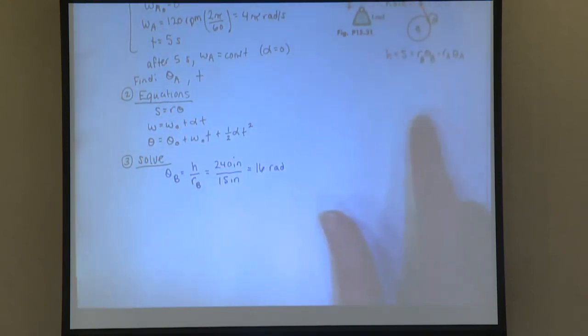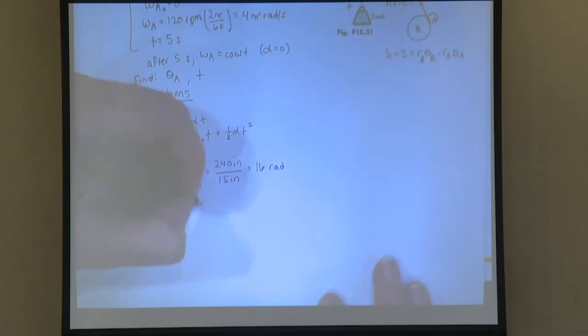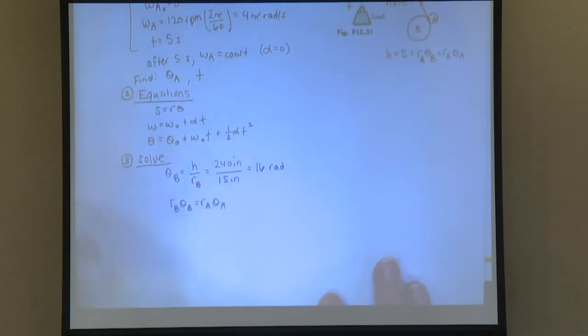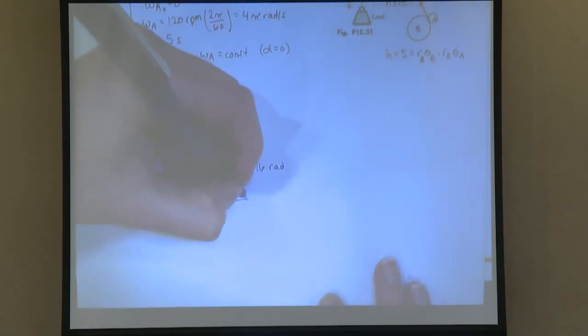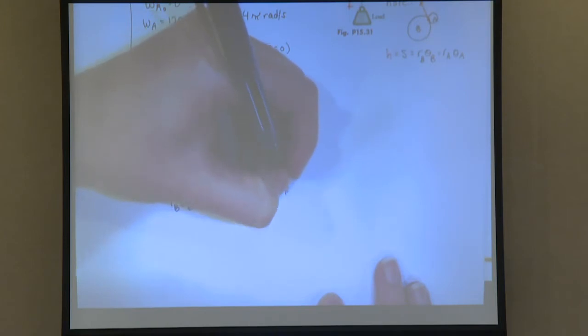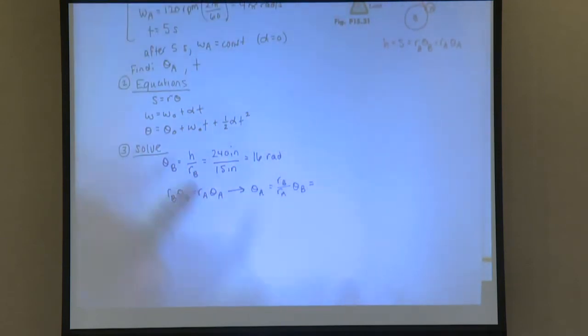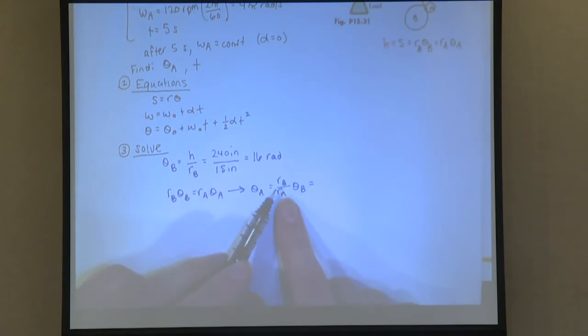Then we can use our relation equation that we wrote. RB theta B is equal to RA theta A. From this, theta A is going to equal RB over RA times theta B. Plugging in, which RB am I going to use here? 18, good.